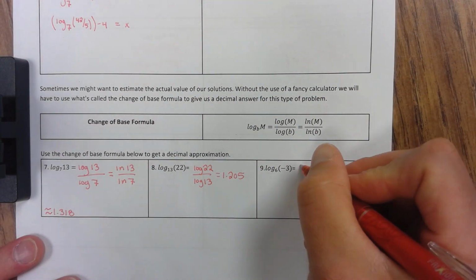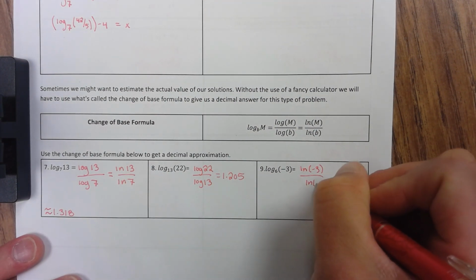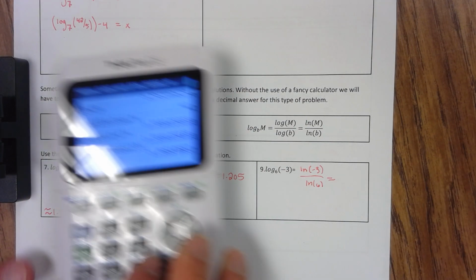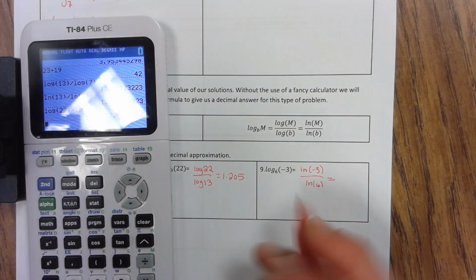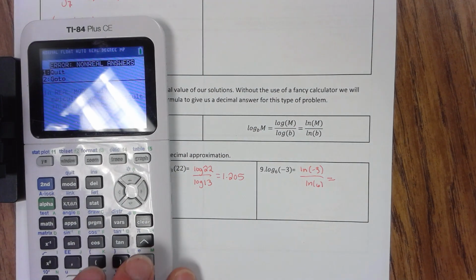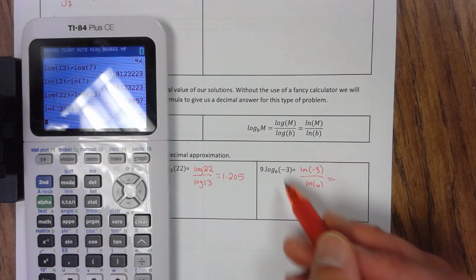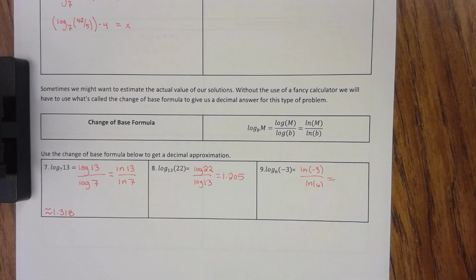So this is natural log of -3 divided by natural log of 6. Already seeing an error here because we can't take logs of negatives even when I try to do the change of base formula. It's going to say error as you can't take logs or natural logs of negative numbers. It is a non-real answer. Okay, but if we try to use that change of base formula, that would be our setup there.